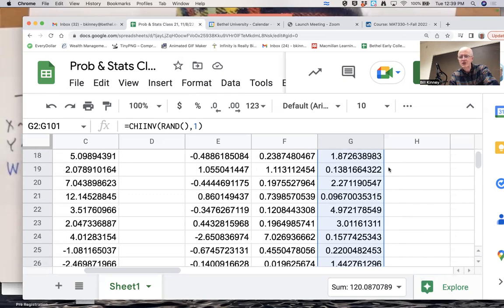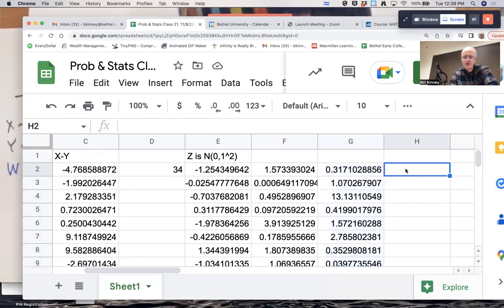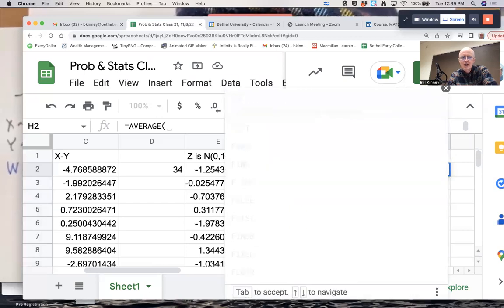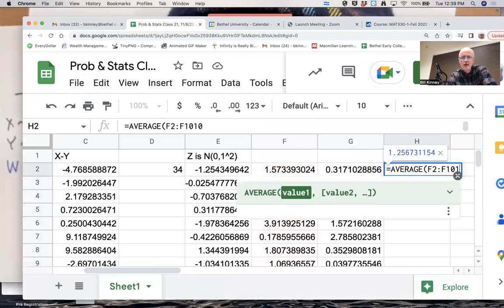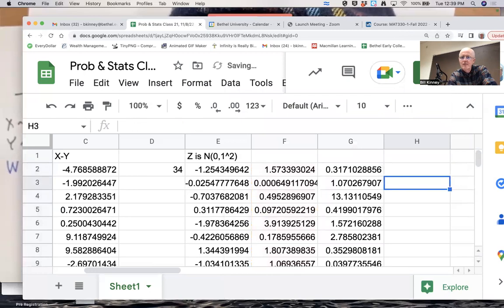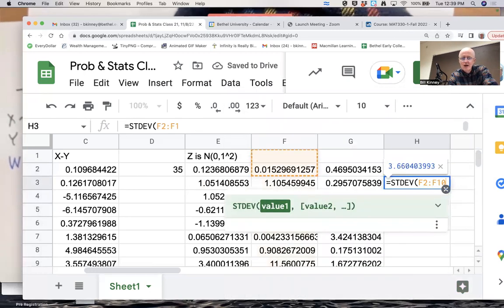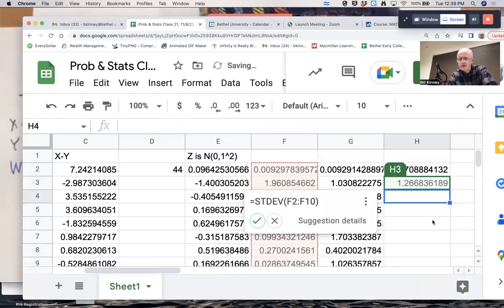But instead of making histograms, let's just compute the average, F2 through F101, and the standard deviation for both columns. What happened there? Did I type that wrong?